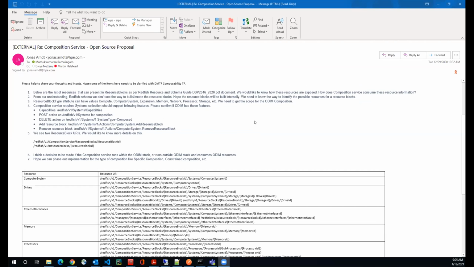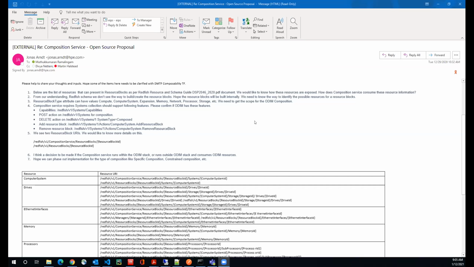But we really don't see any post action or anything to build a resource block within the composition service specification and schema. We would like to know whether, based on the resource collection available within the computer system, we need to build the resource blocks internally, or we are missing something.